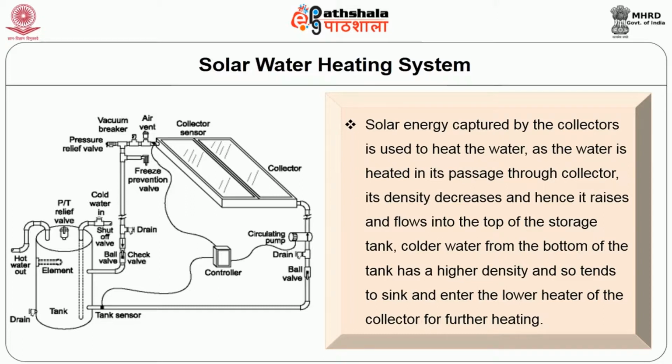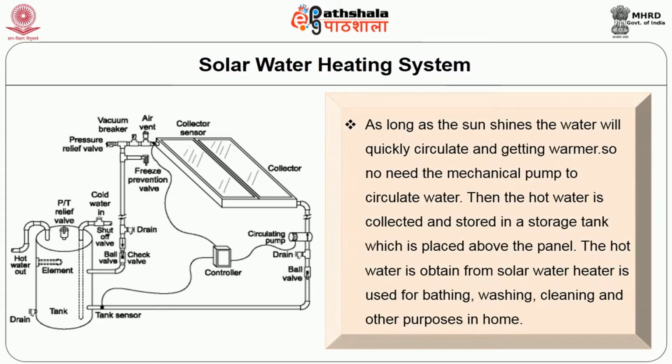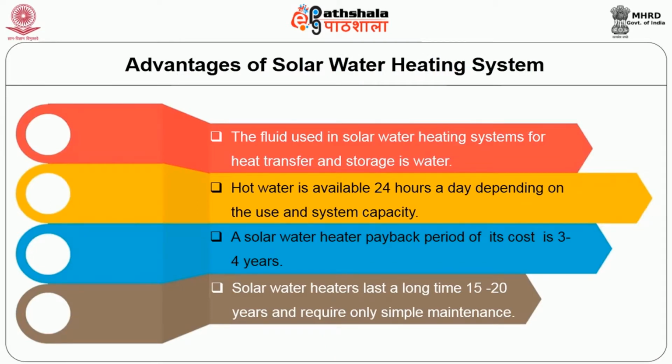As long as the sun shines, the water will quickly circulate and get warmer, so there is no need for a mechanical pump to circulate water. The hot water is collected and stored in a storage tank placed above the panel. The hot water obtained from the solar water heater is used for bathing, washing, cleaning and other purposes in the home.